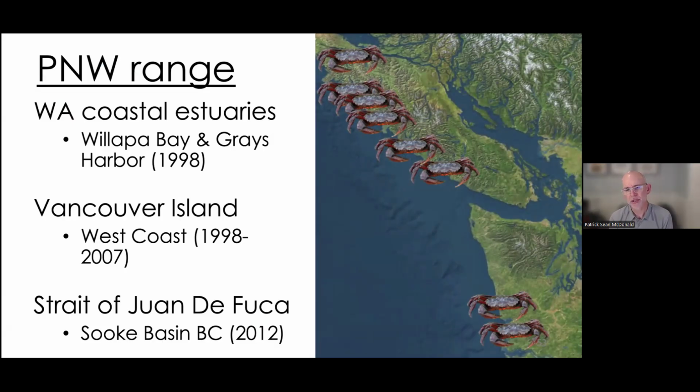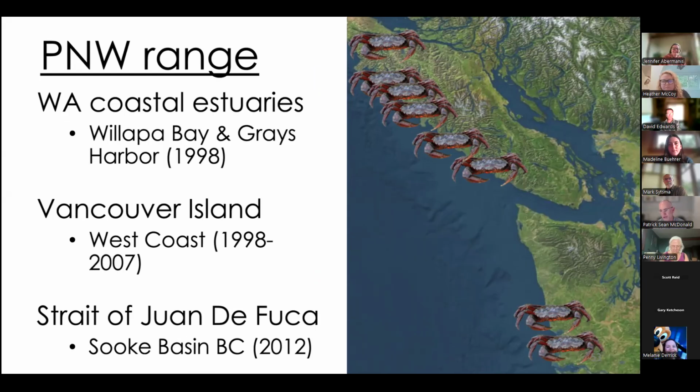El Nino conditions cause just a massive movement of water up our coast. It's like a conveyor belt, and things that are in California end up on our coast pretty commonly during those periods of time. Then in 1998, which is roughly the time I started working on green crab, they ended up in the outer coast estuaries of Washington State. That's Grays Harbor and Willapa Bay.